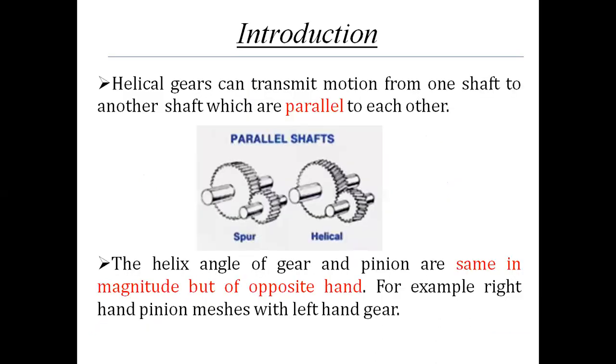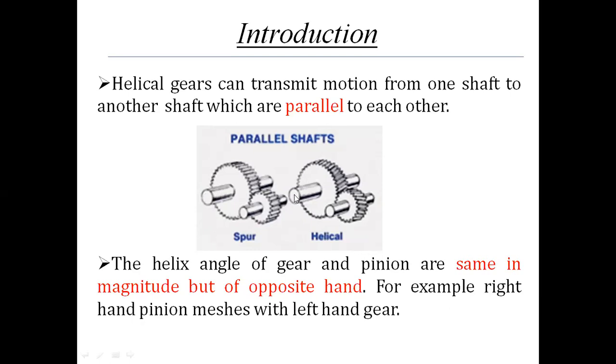So what is the similarity between the spur gear and helical gear? Helical gear is also used for transmitting motion, and spur gear is also used for transmitting motion from one shaft to another, which are parallel to each other. In the case of spur gear, the axis of rotation of the pinion is parallel to the axis of rotation of the gear.